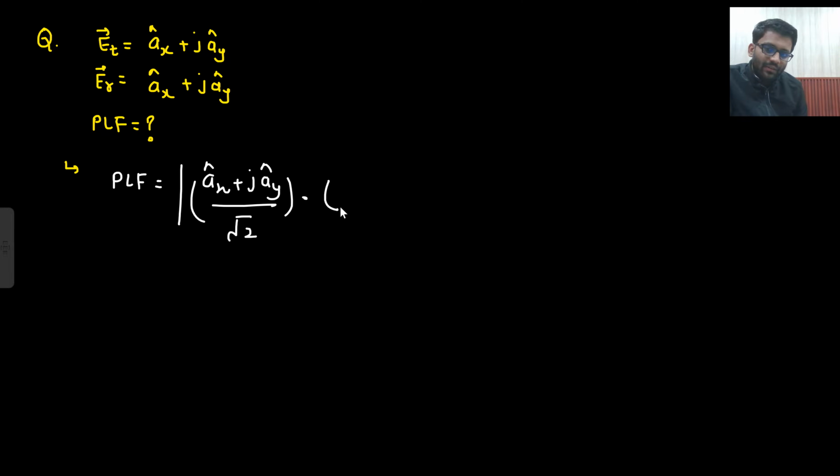So what will be my polarization loss factor? That would be ax cap plus jy divided by under root 2, because I need to write down the unit vector, dot ax cap plus jy divided by under root 2. Ax cap dot ax cap is 1.